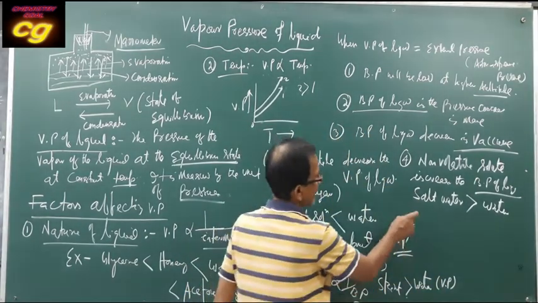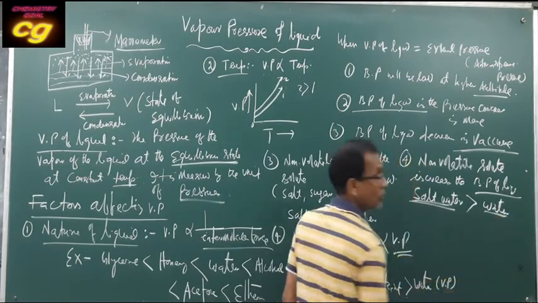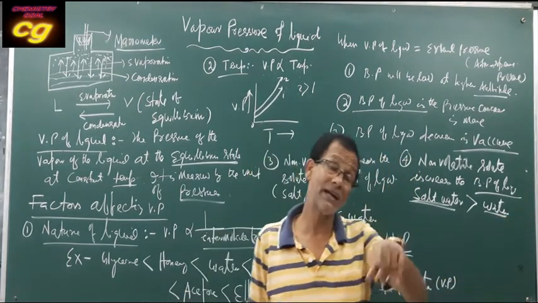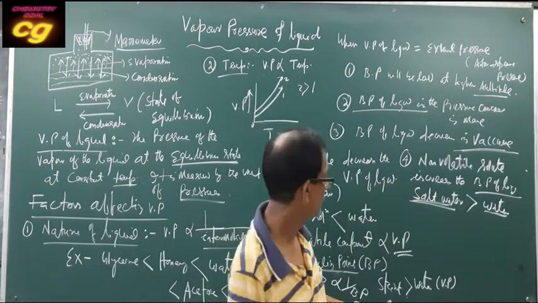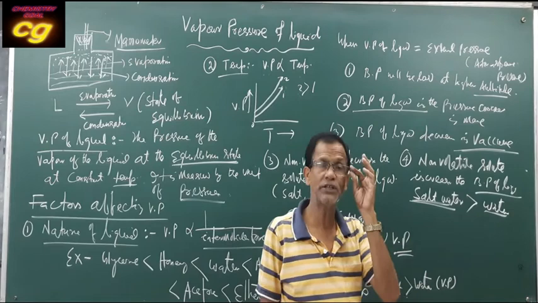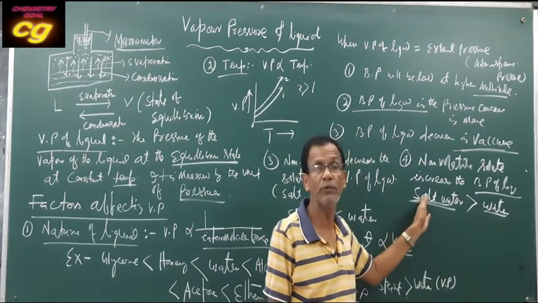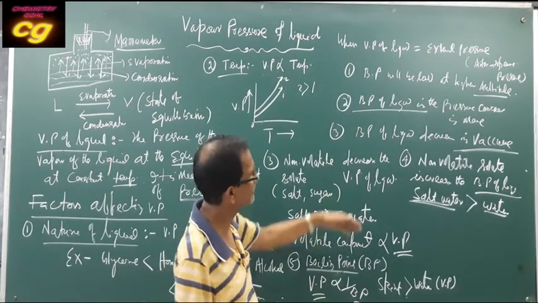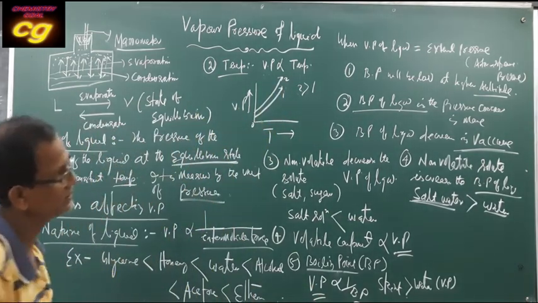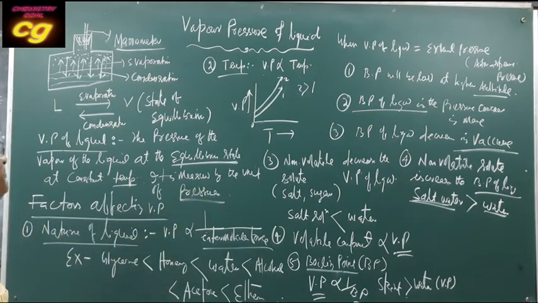So salty water has a higher boiling point than water. That means sea water boils at a higher temperature than river water, well water, pure water, or distilled water. Salty water has a higher boiling point, but salty water has lower vapor pressure. So these are very important characteristics of liquid.